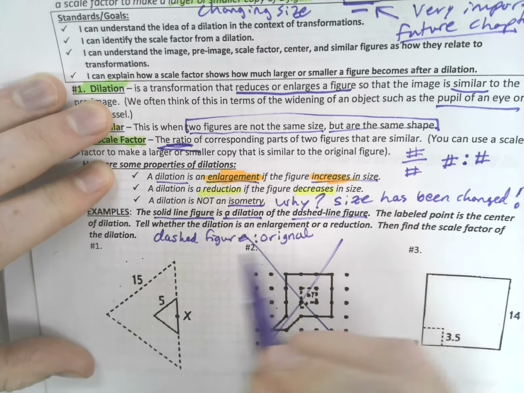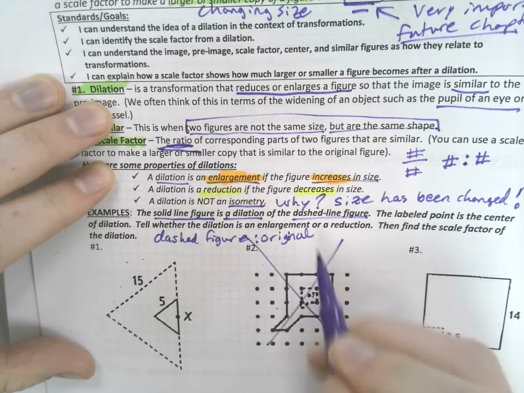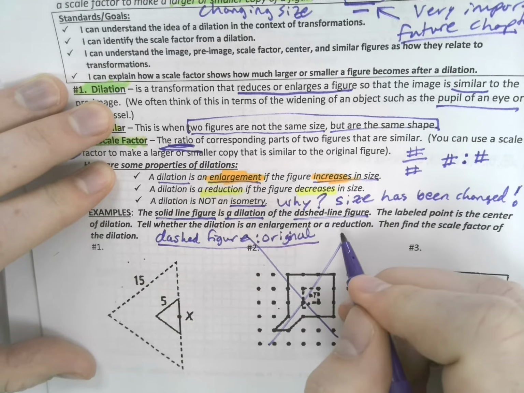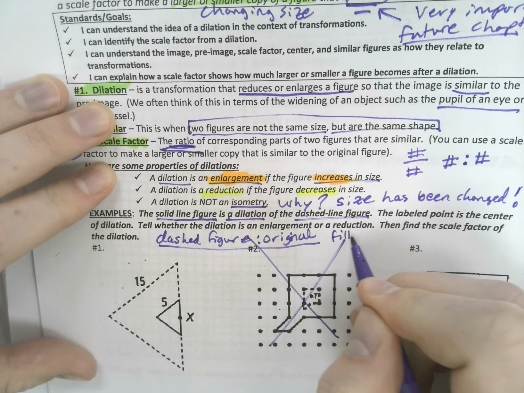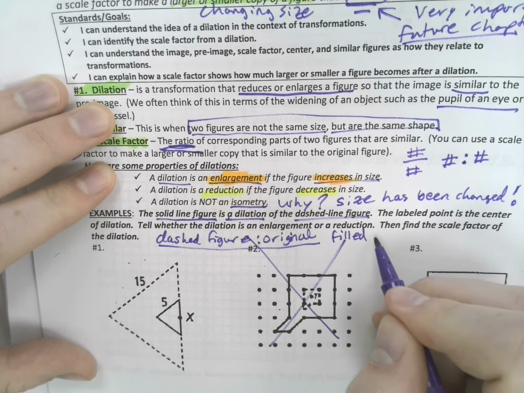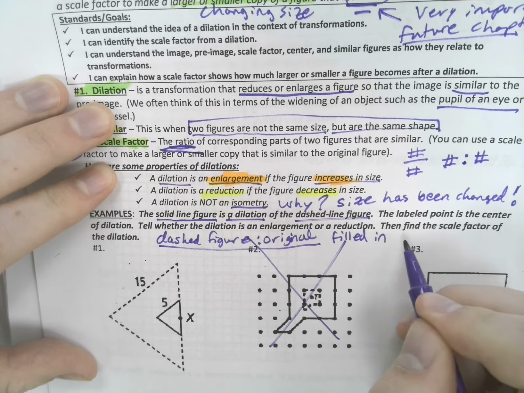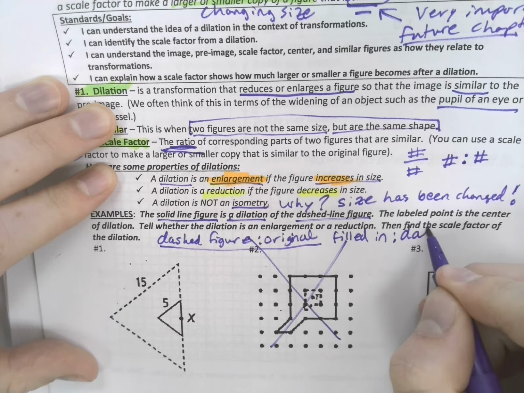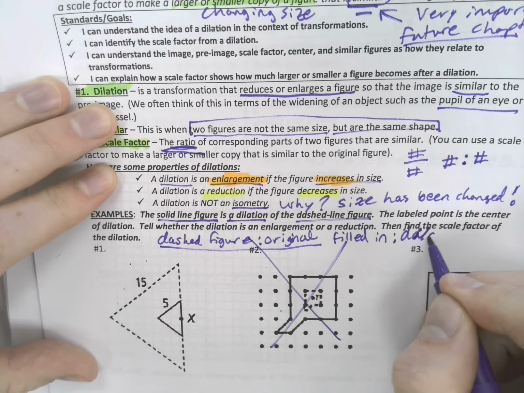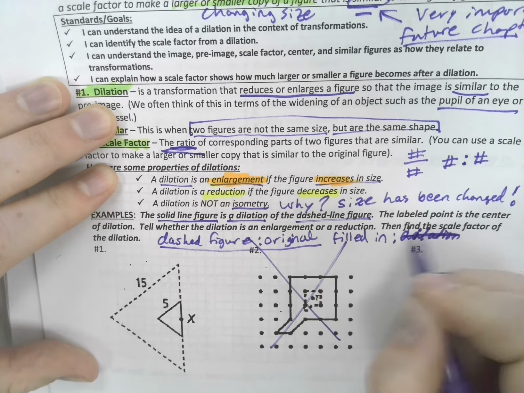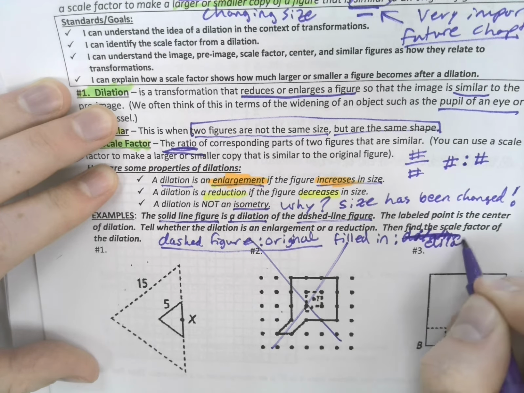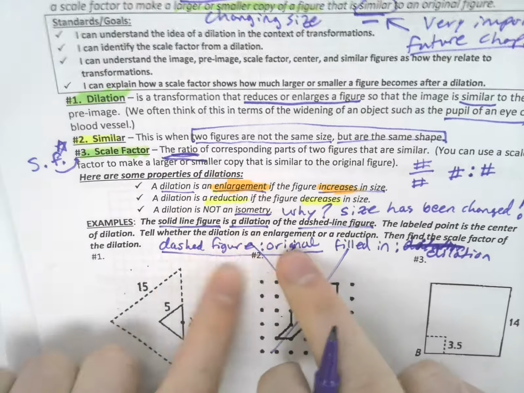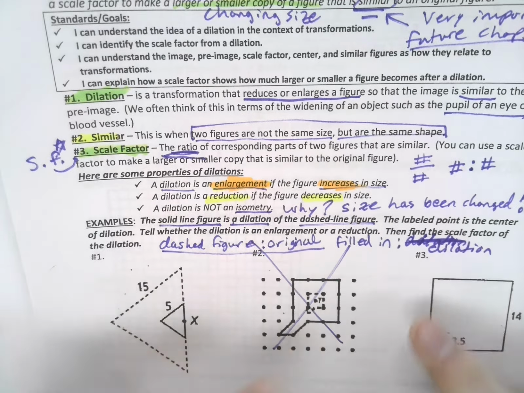And the filled in, or solid, is the dilation. Let me rewrite that. It's a dilation. So dashed is the original, filled in is the dilation, is the change.